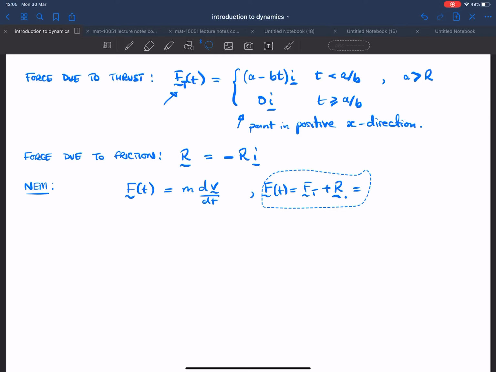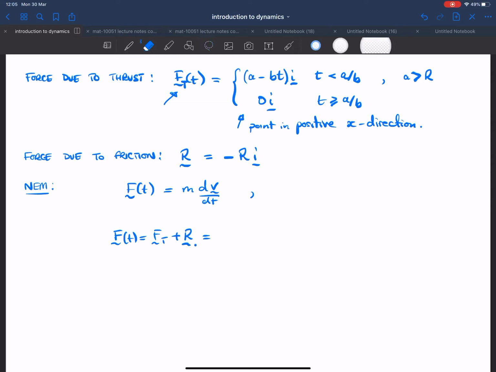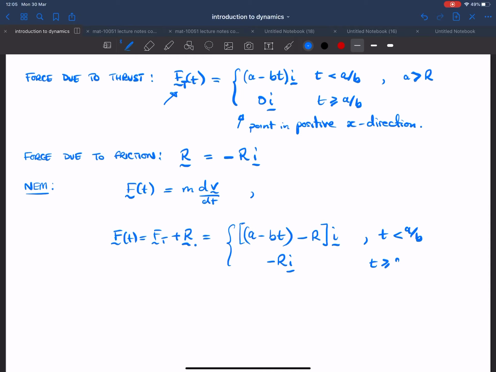Well, clearly, using the definition of F(t) and the definition of R, we have the following function. It's (A minus Bt minus R) i for t less than A over B. And it's minus R i, if you just add these two functions together and consider these two time intervals, for t greater than A over B.